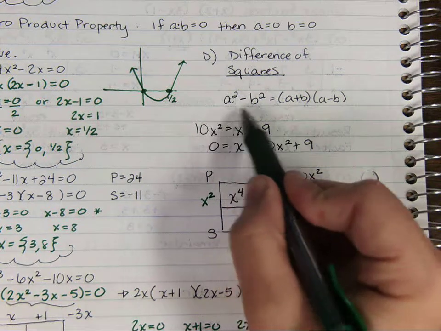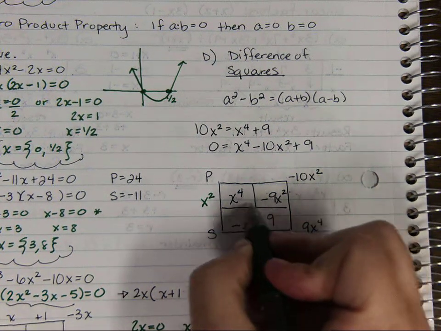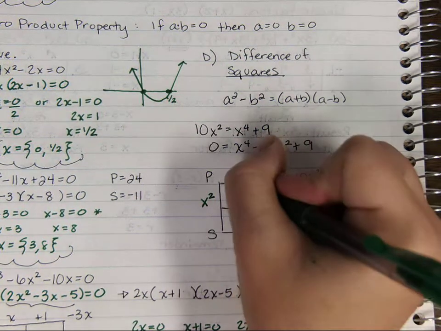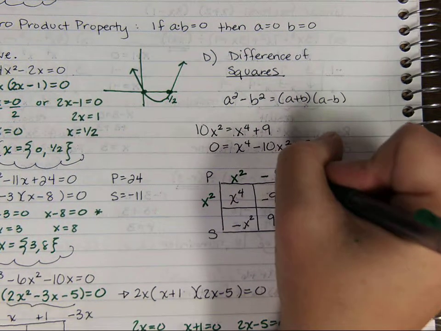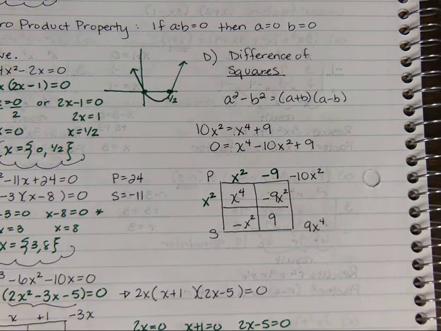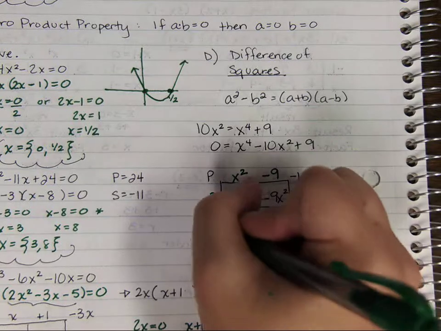All I did was move this term over so that I can put it in descending order. If you factor out an x squared, you have an x squared left and a minus 9. And then on the bottom row, all you have left is a negative 1.